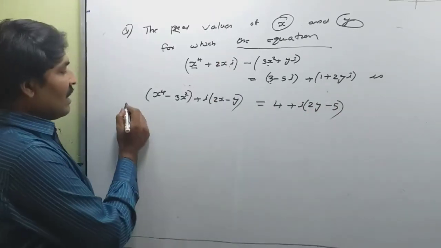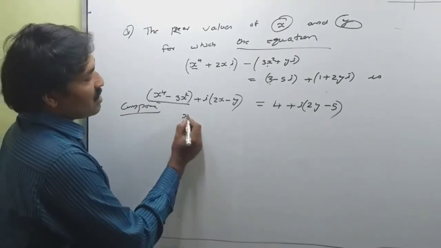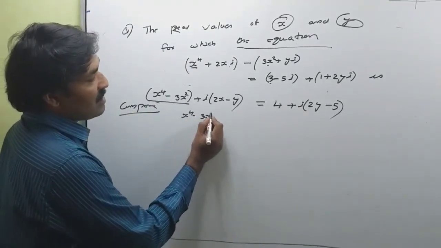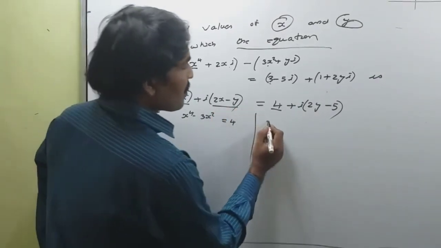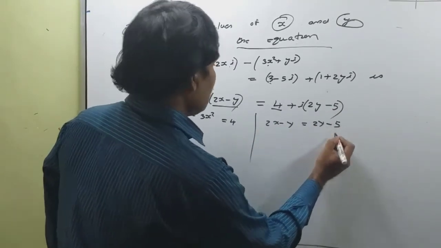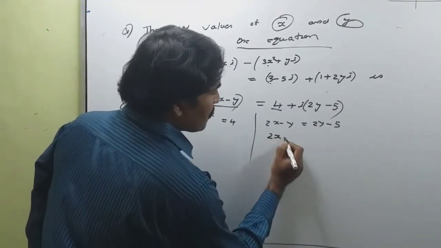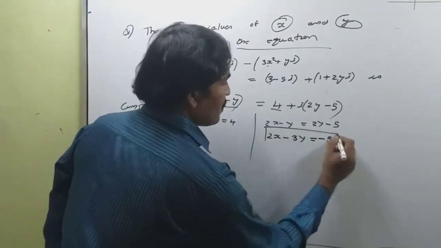Now compare the real and imaginary parts. So we get x raised to 4 minus 3x square is equal to 4, and 2x minus y is equal to 2y minus 5, so 2x minus 3y is equal to minus 5.